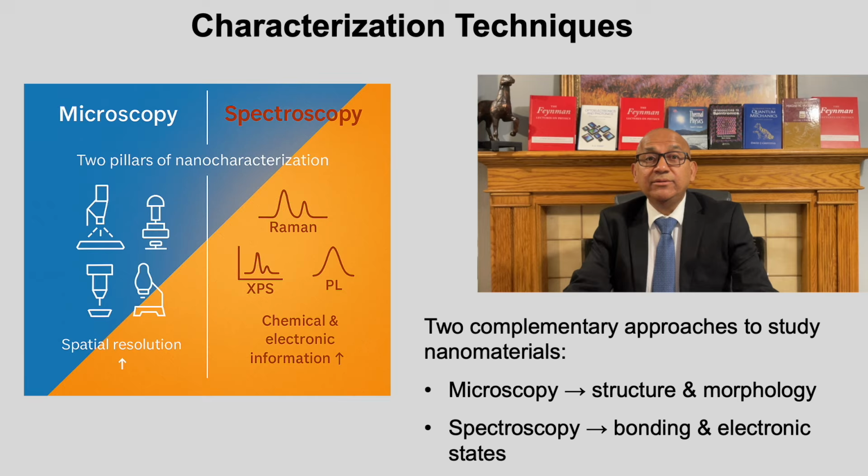These two perspectives are complementary. Together, they connect structure to property. In this lecture, we will explore microscopy-based techniques such as XRD, SEM, TEM, AFM, and STM. In the next lecture, we will turn to spectroscopy and functional characterization, where light and particles reveal chemistry and bonding.